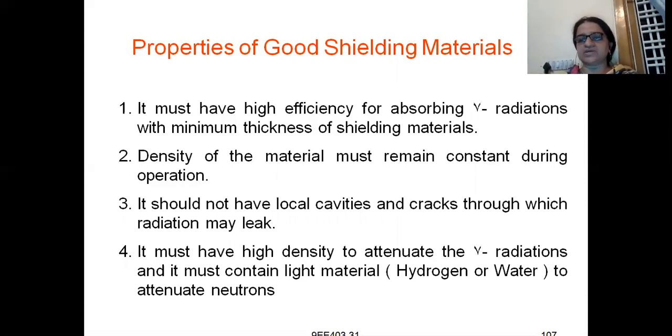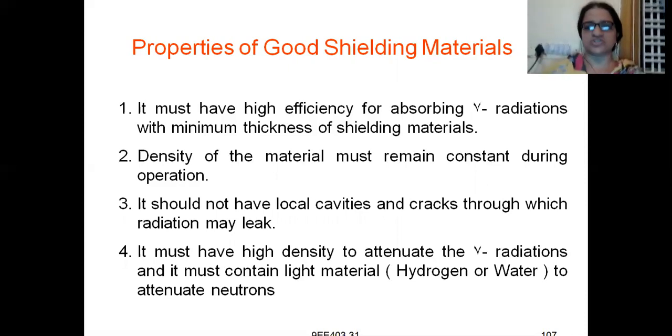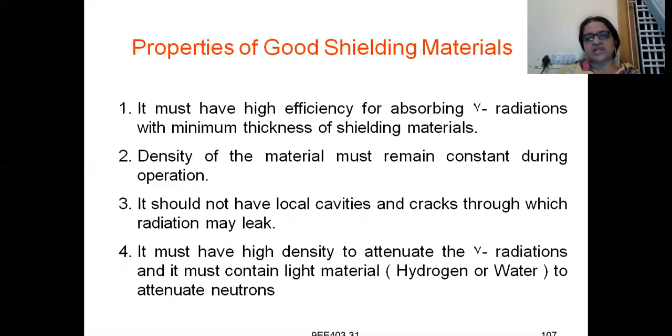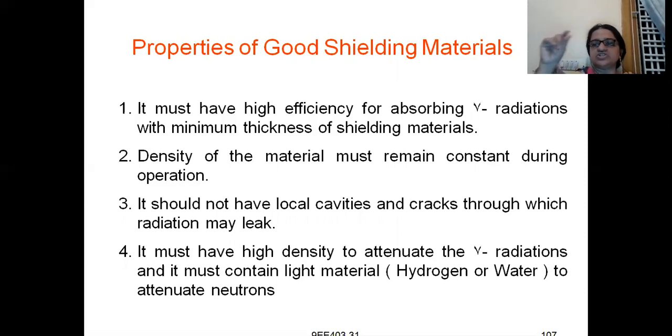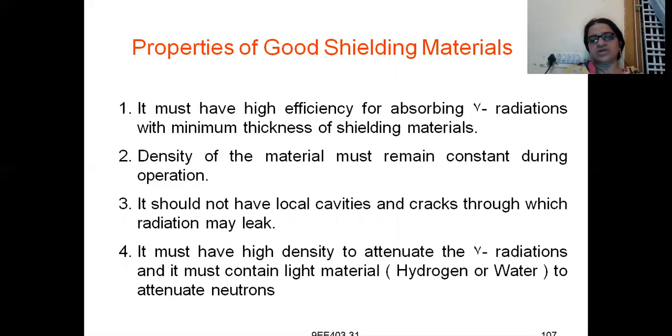Density of the material must remain constant during the operation. It should not have local cavities and cracks through which radiation may leak. Density remaining constant means that whatever shielding material you are using, due to exposure to radiation, its mass or volume should not change.